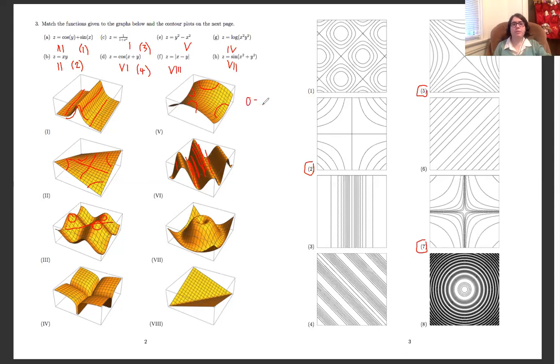If 0 is equal to y squared minus x squared, that gives me y squared equals x squared, and that gives me y equals plus or minus x, which is itself an x shape. And I see that happening here, and I don't see it happening for any of my other contours. So I feel pretty good about calling this one 5.